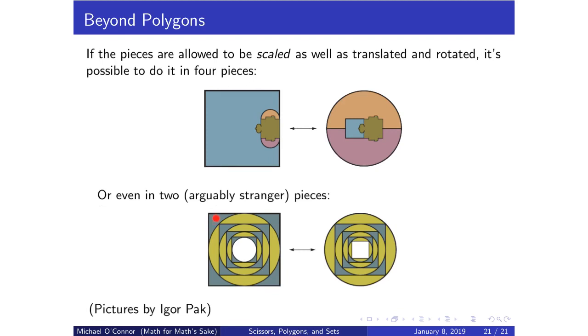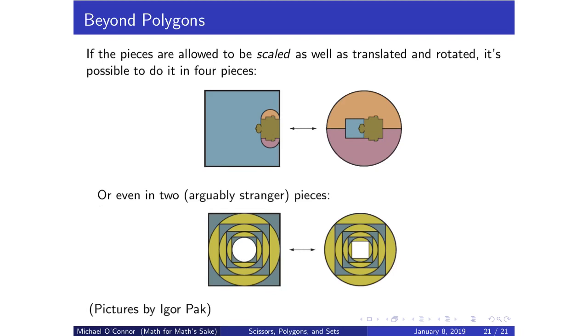So here are 2 pieces, this bluish green thing and this greenish blue thing. You imagine this one piece descends around all the way to the center infinitely. Then all you have to do is take this green thing and scale it up, and take this blue thing and scale it down, and they fit into each other again, and you've done it. You've made the square into the circle.